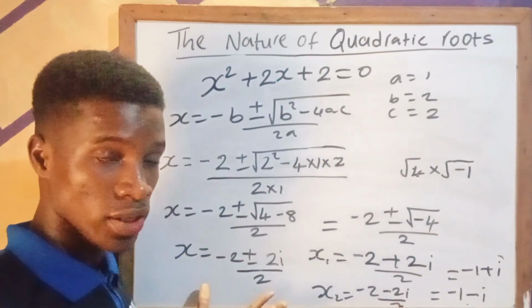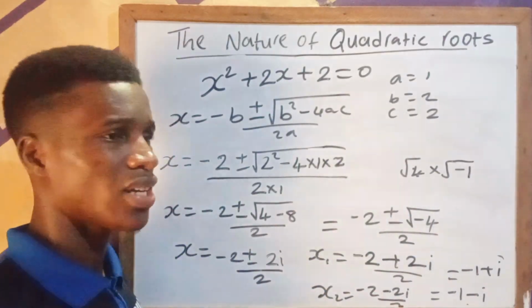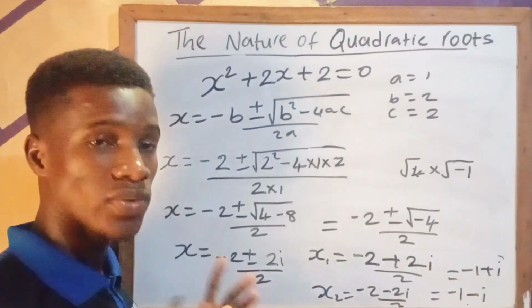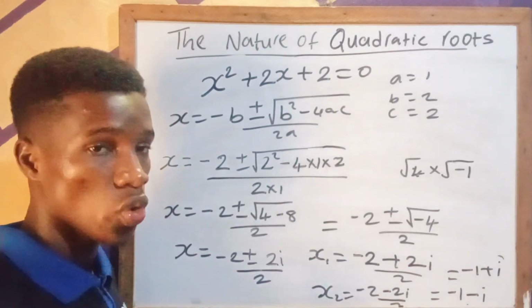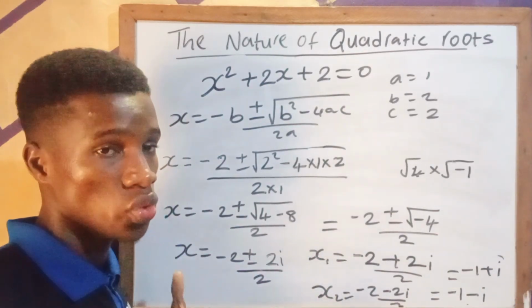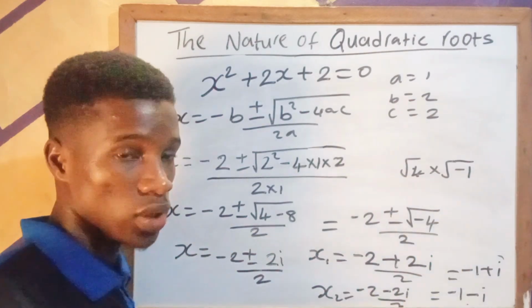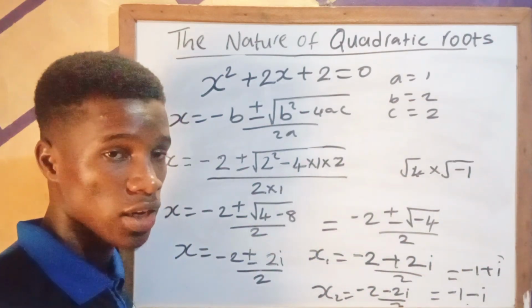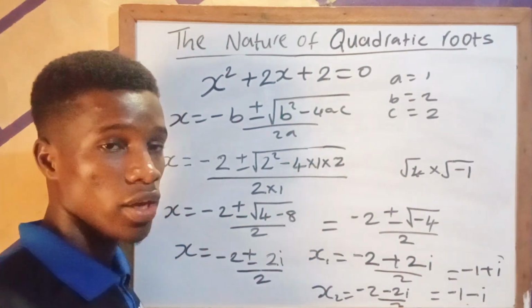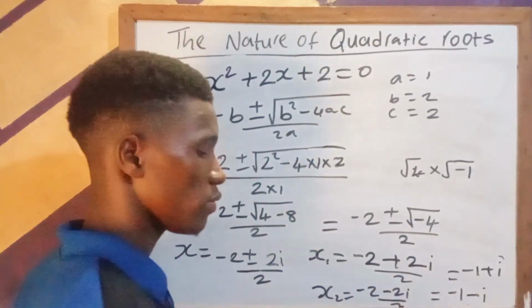So I won't waste time looking for a factor and saying this thing cannot factorize. When you do the discriminant, you know exactly the nature of the roots and you proceed to tackle it straightforwardly. Exactly. So let's look at more examples.